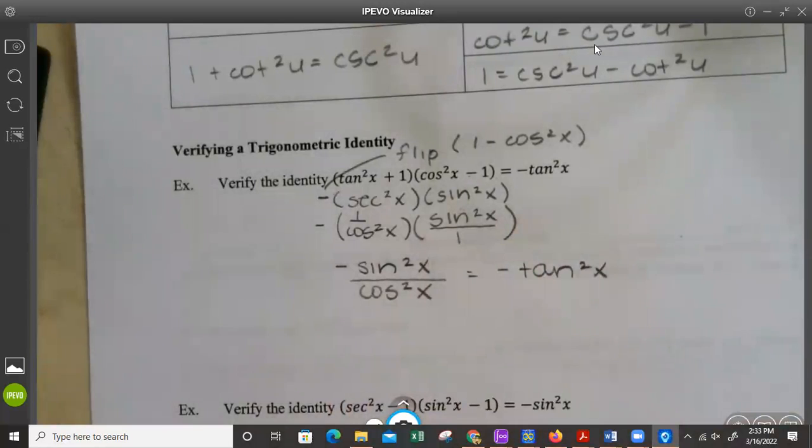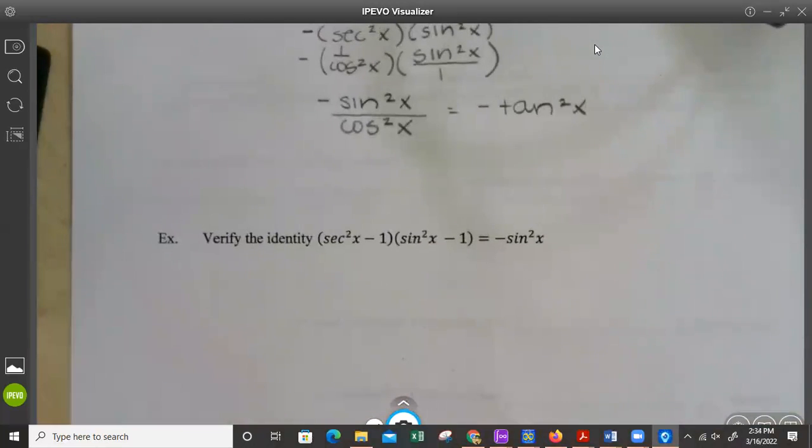We're going to do the same thing. Look, the same way that we just did this, we're going to do the next example. All right. The hard side is the left side.